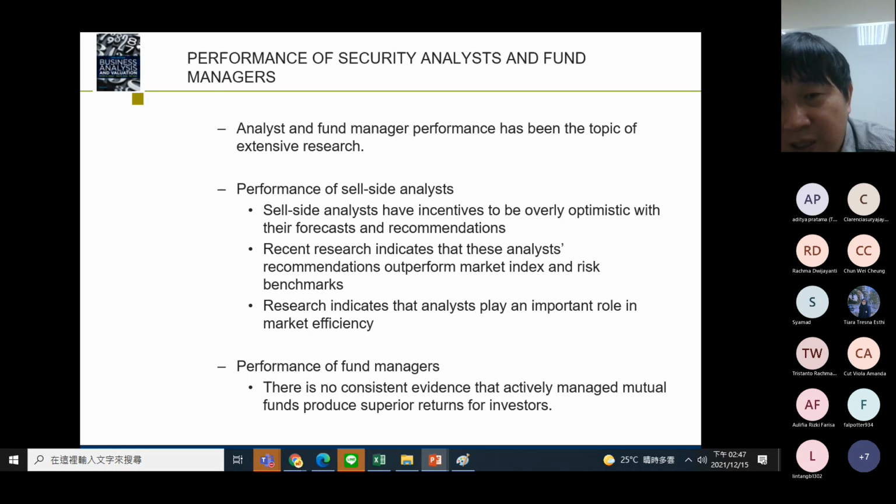Recent research indicates these analysts' recommendations outperform the market index and the risk benchmark. Research indicates that analysts play an important role in market efficiency. Performance of fund managers: there is no consistent evidence that actively managed mutual funds produce superior returns for investors.